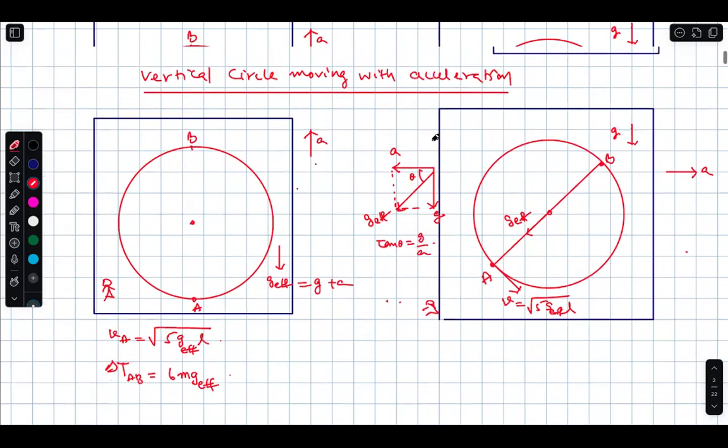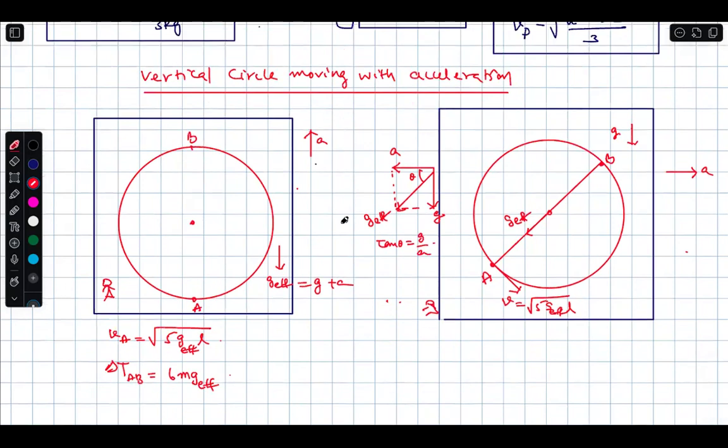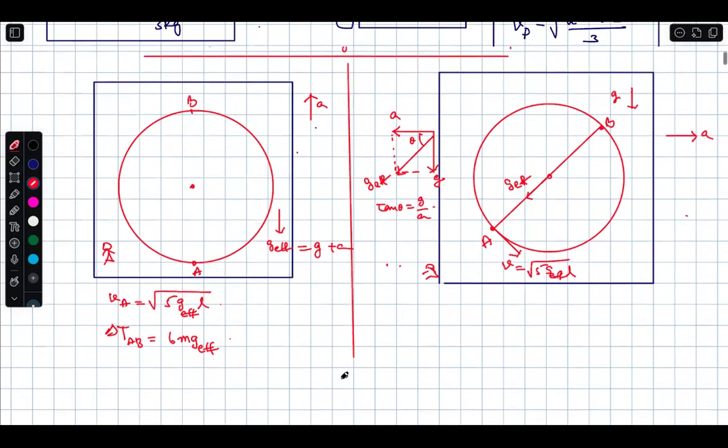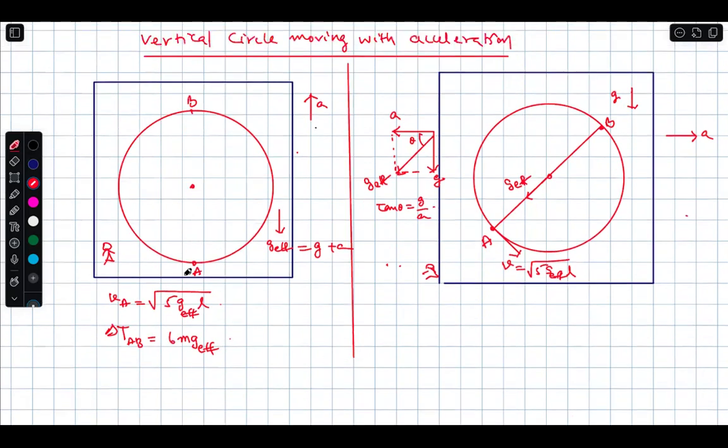So, if in your vertical circular motion the entire frame is moving with an acceleration A up, no problem. Still, the highest velocity point will be A and the lowest velocity point will be B. But if it is moving with an acceleration A sideways, then you need to find g effective. And you mark a diameter parallel to the g effective direction.